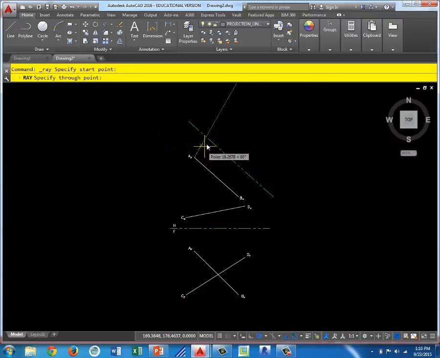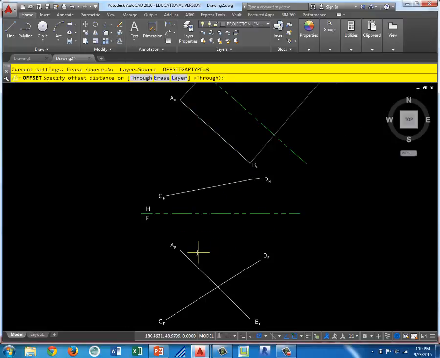So I'm going to do my raise from A and B. Go 2 views back for my offset. A is my close one. And B is the far one.